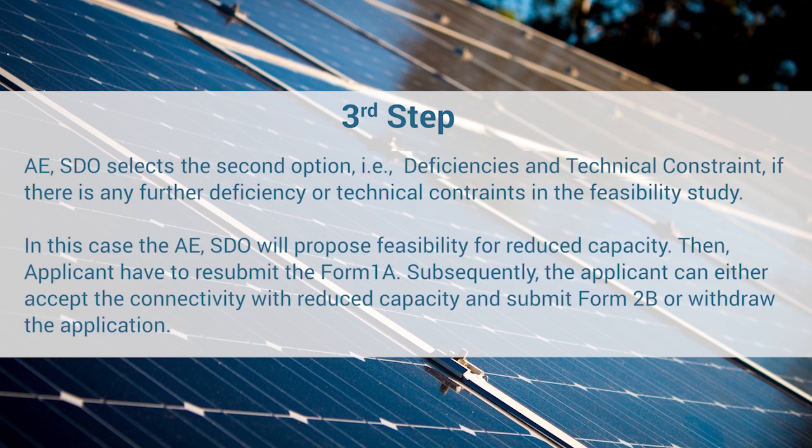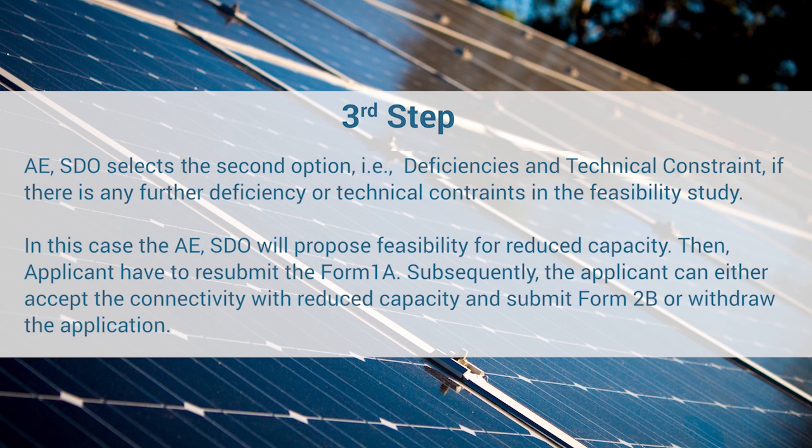Say AESDO selects the second option, that is deficiencies and technical constraint. If there is any further deficiency or technical constraint in the feasibility study, in this case the AESDO will propose feasibility for reduced capacity. Then the applicant has to resubmit the Form 1A.